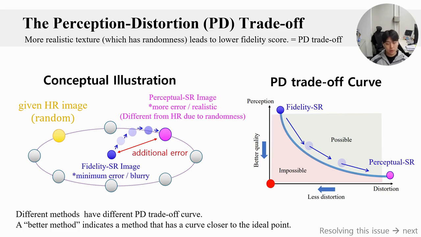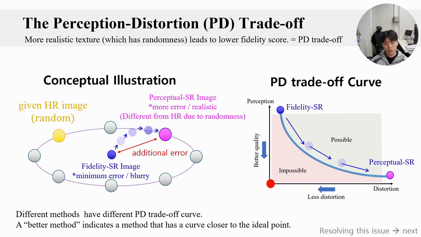Let's first look at the left side of the slide, which provides a conceptual illustration of this problem. The yellow and gray circles represent different possible high-resolution images that could correspond to a given low-resolution input. The blue dot labeled as fidelity SR image represents an output optimized for minimum per pixel error. And this approach produces blurry images because it's the average among all possible solutions, which we have discussed earlier.